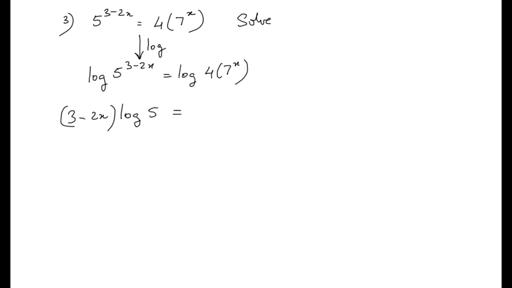And here, inside the log, we have two multiplied factors. So you can split them up using the multiplication rule of logs. So I can write it as log of 4 plus log of 7 to the power of x. Now this again can be simplified and the x can be brought out and made a multiplier.